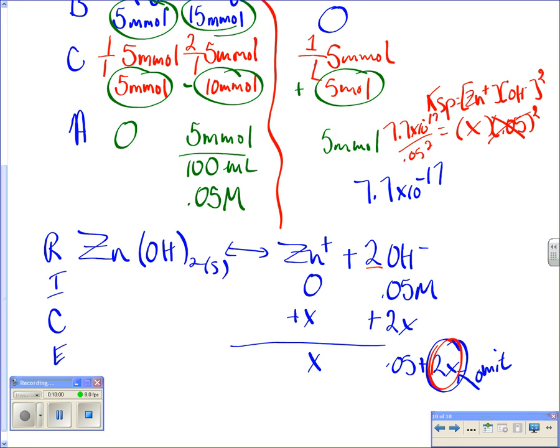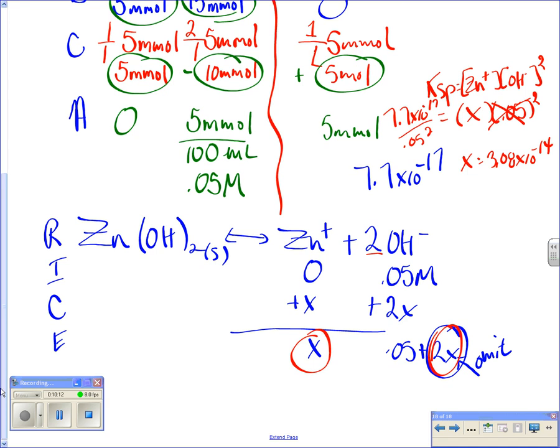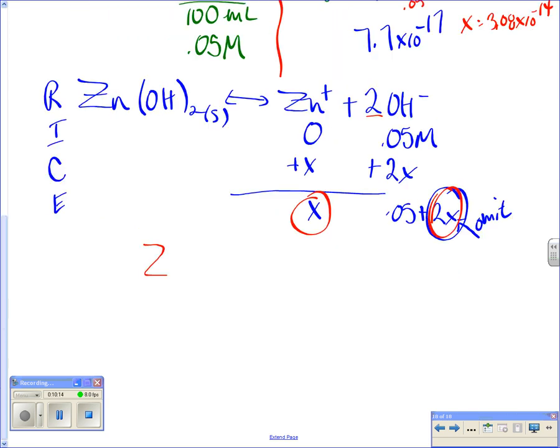So I get that x over here, 3.08 times 10 to the minus 14. So what is x? Well, x is our concentration of zinc. And so our answer, our zinc plus 2, is equal to 3.08 times 10 to the minus 14 molarity. Well, what is my OH minus?